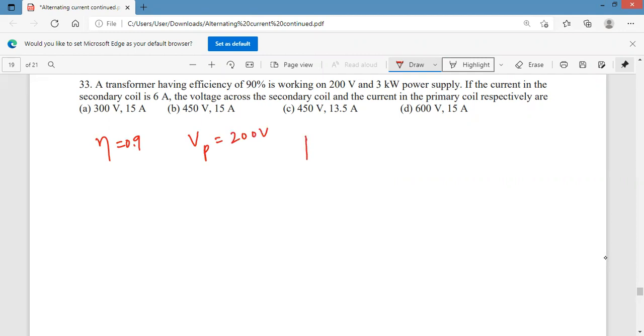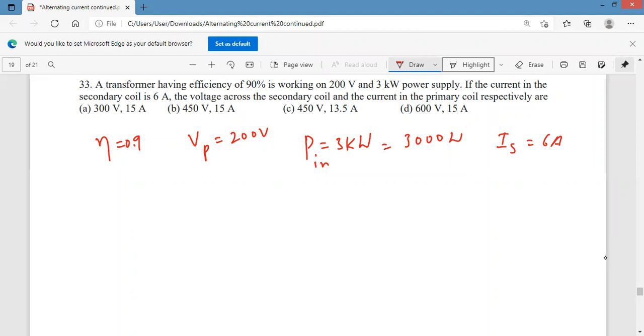And input power is given, input power is equal to 3 kilowatt, that is 3000 watt supply. The current in the secondary coil is given, Is, secondary current is 6 ampere. The voltage across the secondary coil and the current in the primary coil respectively.